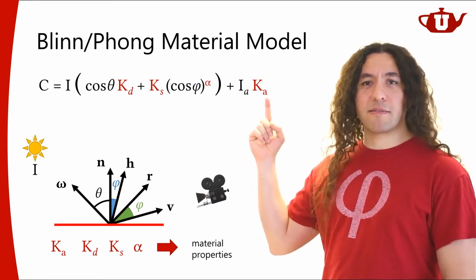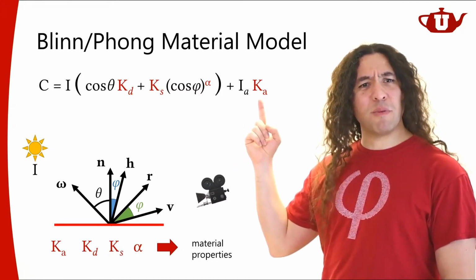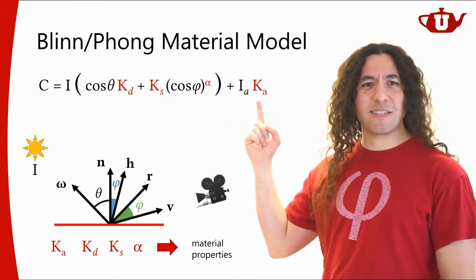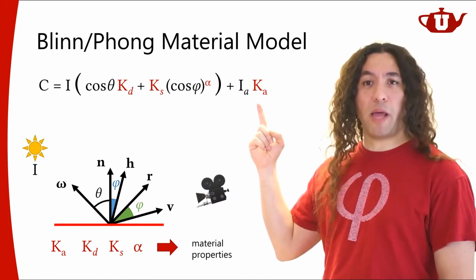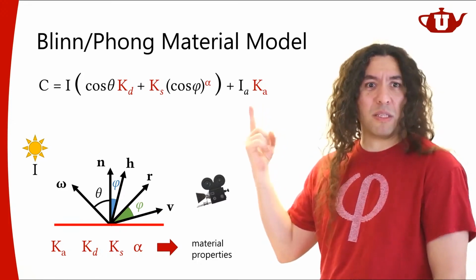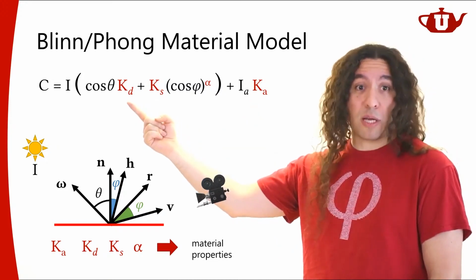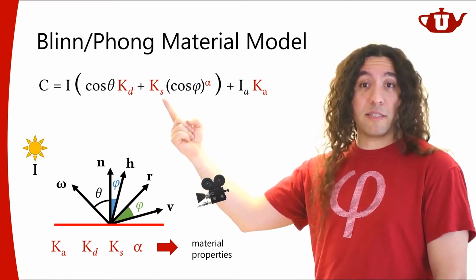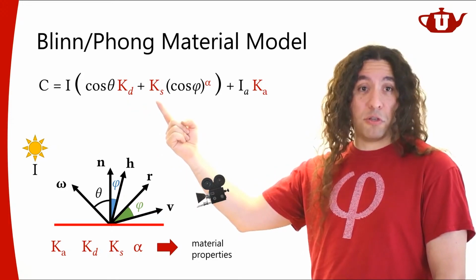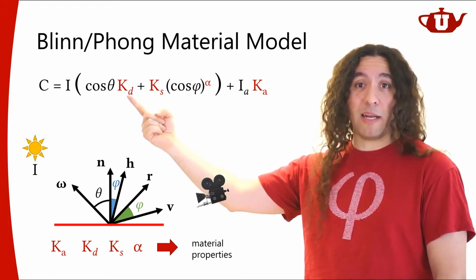But where are these ambient material terms coming from? This is a little strange, to have an ambient material color. You can understand that the diffuse color is the color of the surface, and this is the reflections of the light source, the specular reflections. I can understand what these are.